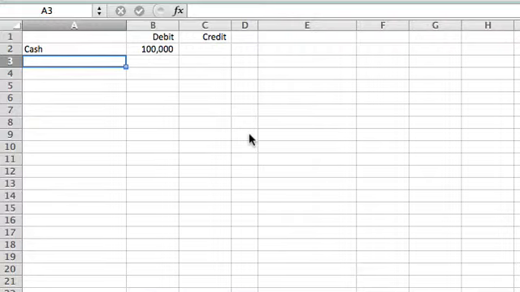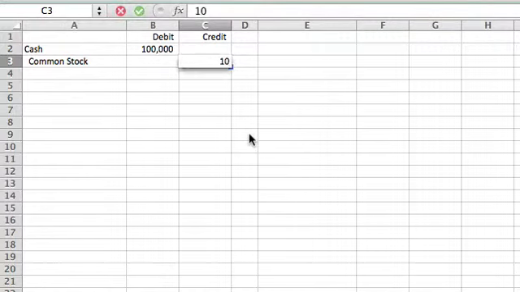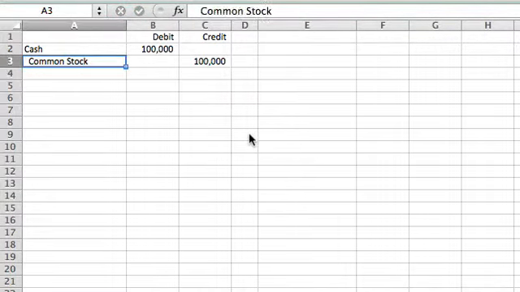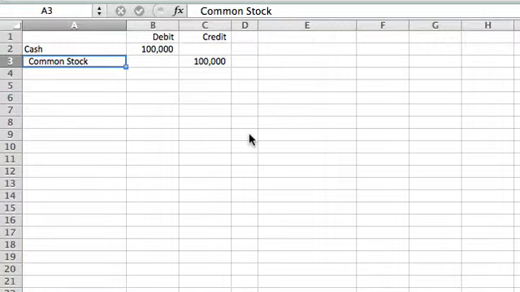And to increase an equity, we credit it. And thus, debits equal credits. In fact, that is the golden rule. Debits must always, always, always equal credits.